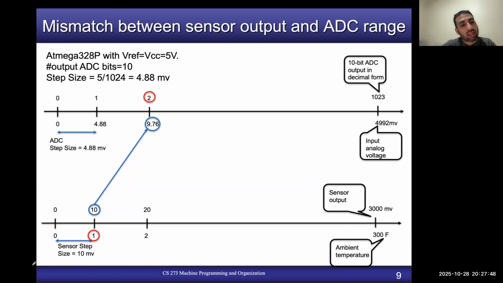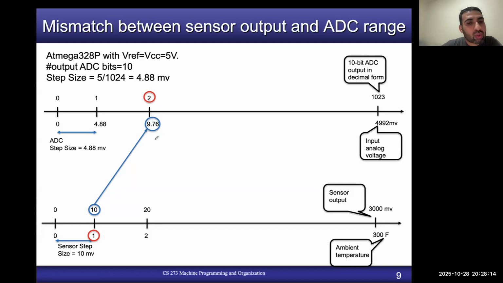The sensor is generating 10 millivolt, but when that is fed into the ADC, the ADC converts it into 2, right? So there is a mismatch. What do we mean by mismatch? The mismatch is coming from the fact that both have different step sizes, like our sensor and our ADC unit, right?